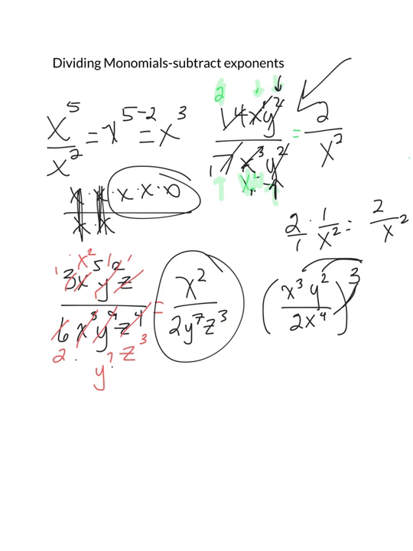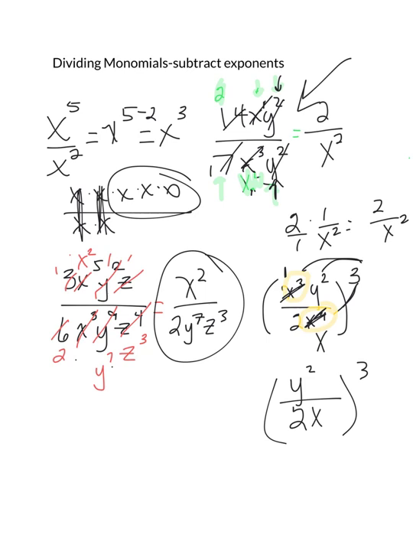So when I look at this, I can see I have x to the third, x to the fourth. I'm going to simplify those first. It just makes everything easier when you simplify. So this will become 1 because I've got 1 extra x down here than I do up there. So let's just rewrite this. So in my numerator, now that I simplified it, I have y squared over 2x. And I'm raising that whole thing to the third power.